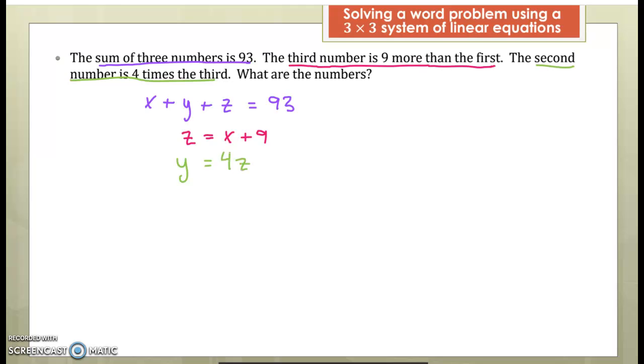So with these problems, our goal is to get 3 equations because we have 3 unknowns that we need to solve for.